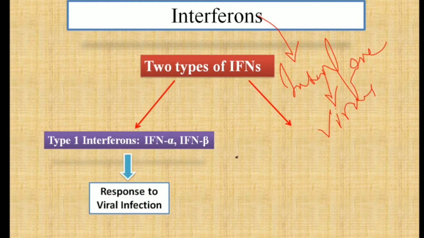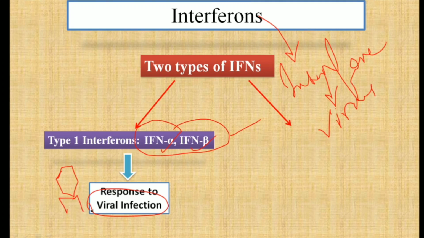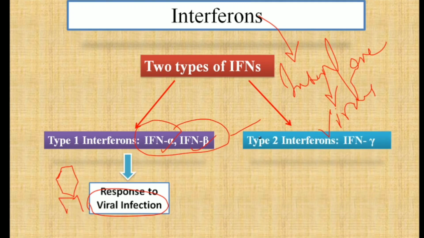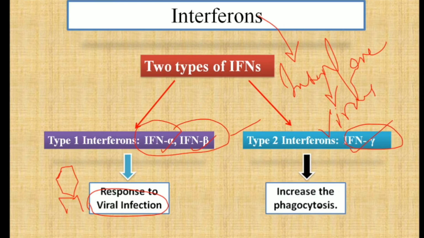In type 1, the interferons are divided again into interferon alpha and interferon beta, and these are responsible for the response to viral infections. For type 2 interferons, there is only one single subclass, that is interferon gamma, and these interferons are responsible for increasing phagocytosis by macrophages.